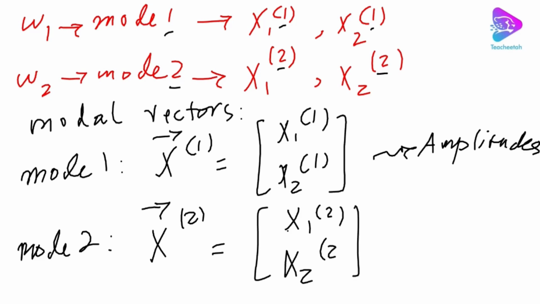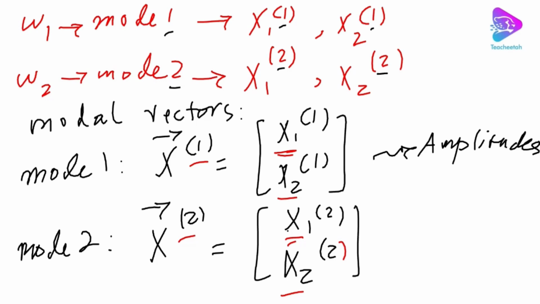Remember, as I mentioned before, the response of each mass includes both the first mode and the second mode. So we have x11 here and x12 for the first mass, and we have x21 and x22 for the second mass. Don't take these superscripts as related to mass 1 and mass 2. These are mode 1 and mode 2.